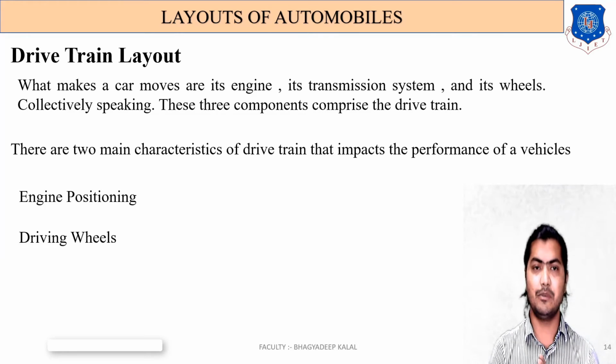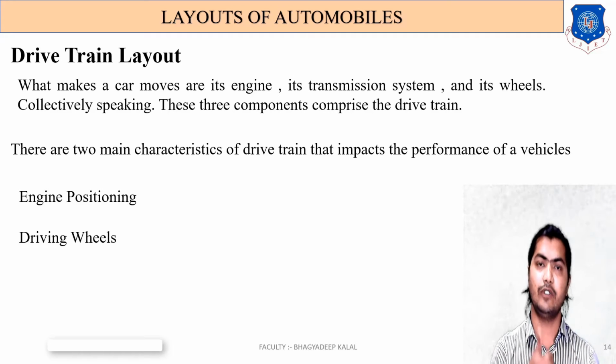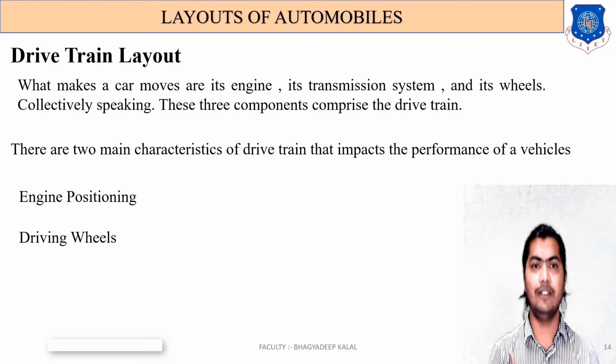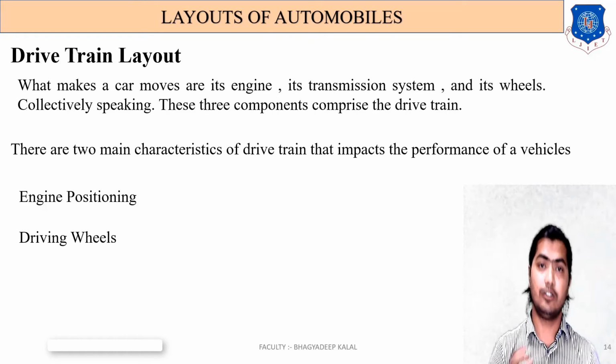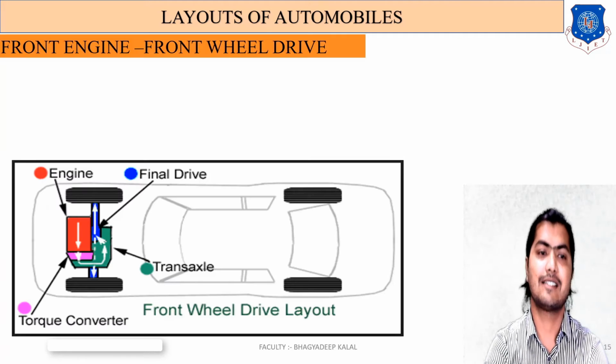If power is transmitted from the engine to the front wheels, that is front wheel drive, and if power is transmitted to the rear wheels, that is rear wheel drive. These two, the position of the engine and where you transmit power, are the main characteristics that impact the performance of a vehicle.